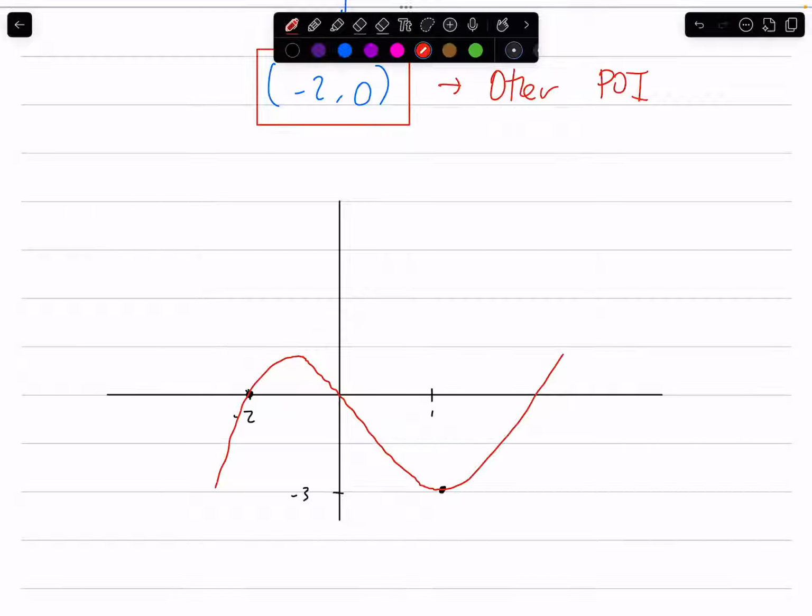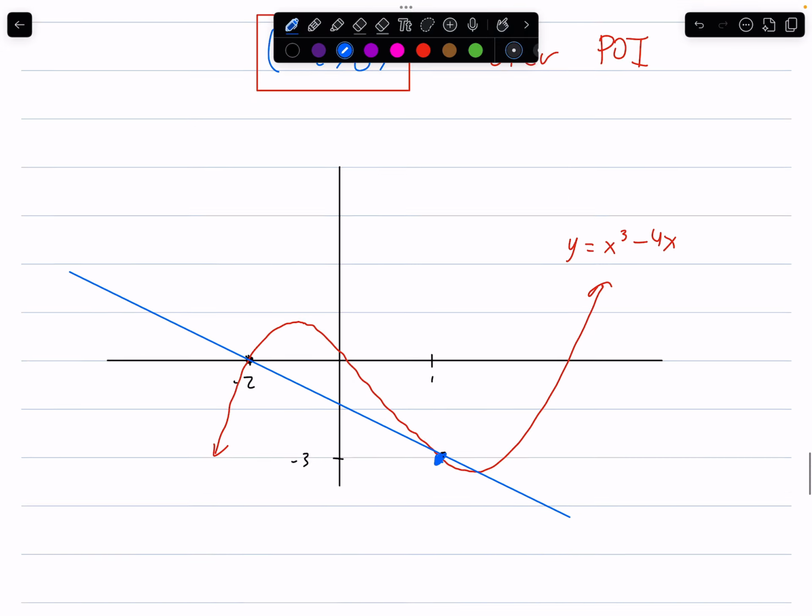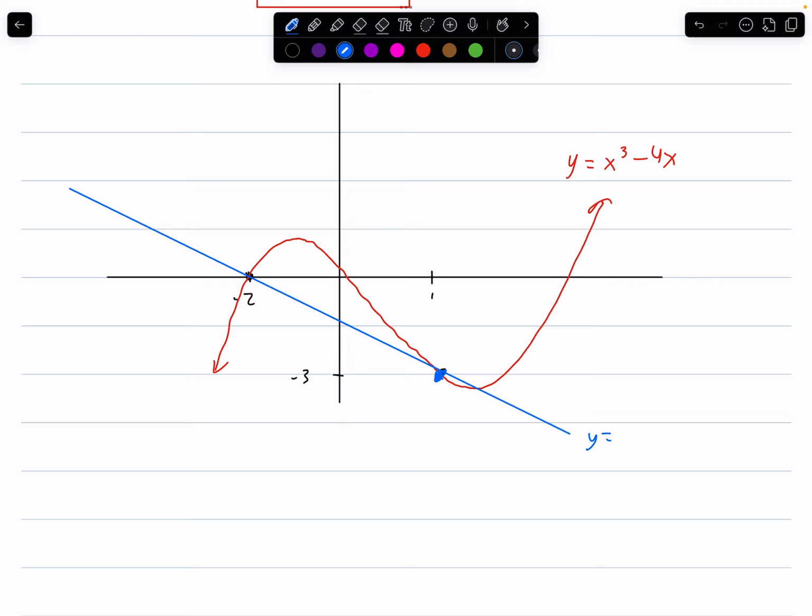It's going to be a cubic function like that. So this function is going to be y equals x cubed minus 4x. And we also know that the tangent line is going to go through both of these points, and we know this equation is -x minus 2. Do you see that? So you see how there are 2 points of intersection. There's a point of intersection here, and there's a point of intersection here.